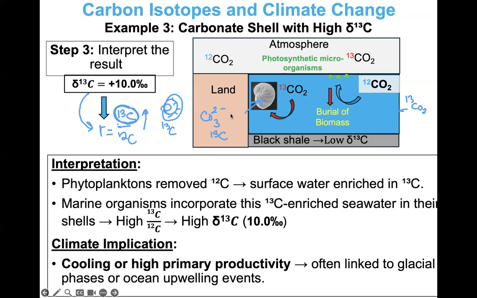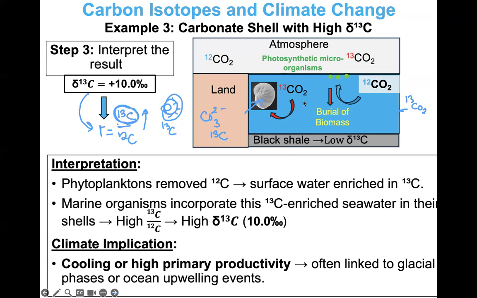It will be enriched in C13 and incorporated by the shell. This means we have high C13 over C12, which means high delta 13C, and that's how we got this higher value. And this indicates what? This indicates cooling or high primary productivity.